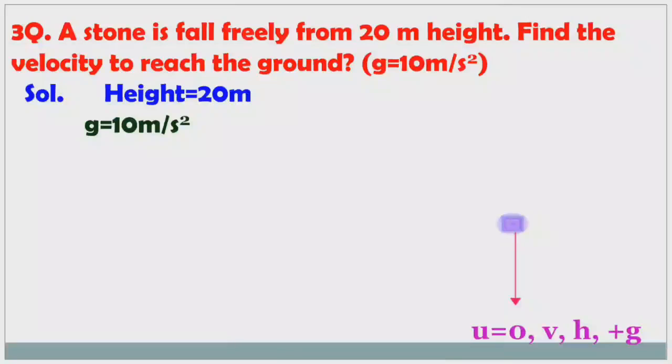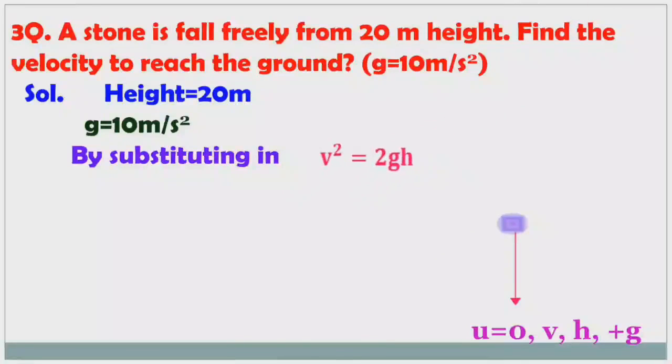Height is 20 meters, and g is positive since the object is falling freely. From v square minus u square is equal to 2as, here u is 0, so we get v square is equal to 2gh.